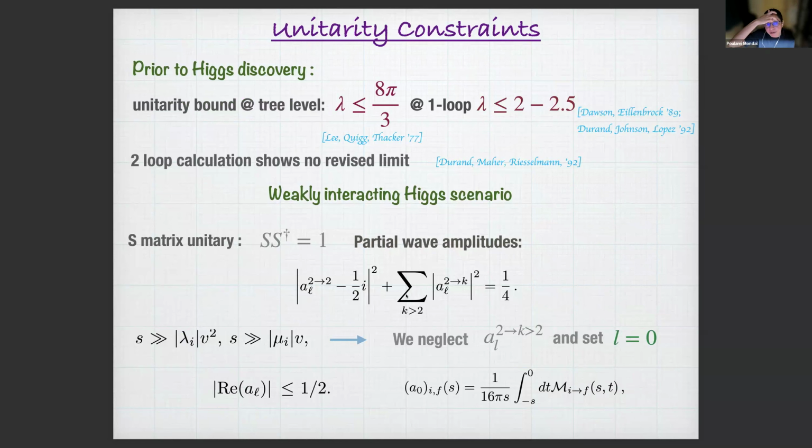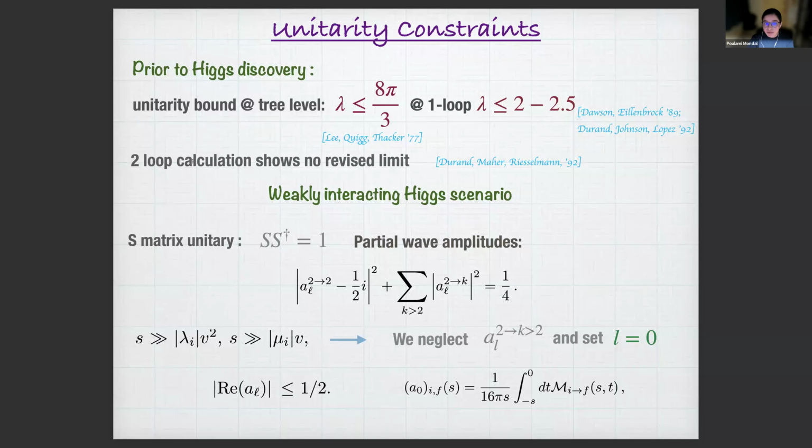As you all know, prior to the Higgs discovery, unitarity bounds at tree level predicted the upper bound of the Higgs boson mass, and lambda, the Higgs quartic coupling, which Lee, Quigg, and Thacker calculated to be less than 8 pi by 3. When the one-loop correction to the unitarity constraints of the quartic coupling was calculated, it gave much stronger constraints than the tree level one.